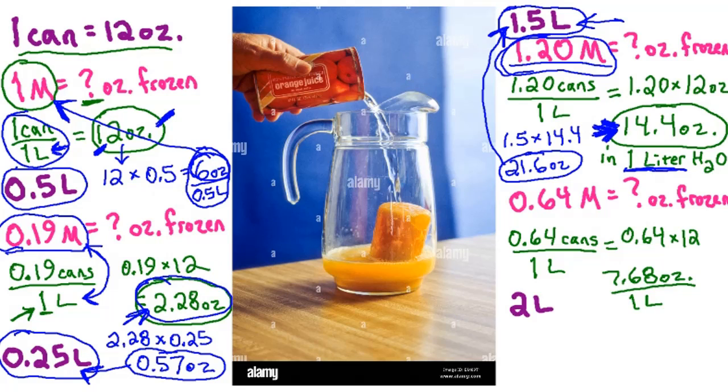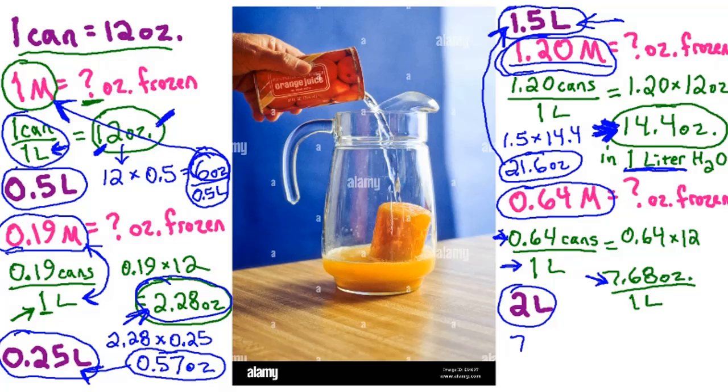Okay, last one. So we have a molarity of 0.64, which means 0.64 cans of orange juice in 1 liter of water, which comes out to 7.68 ounces for every 1 liter of water. But we didn't put 1 liter of water in there, we put 2 liters of water in there.